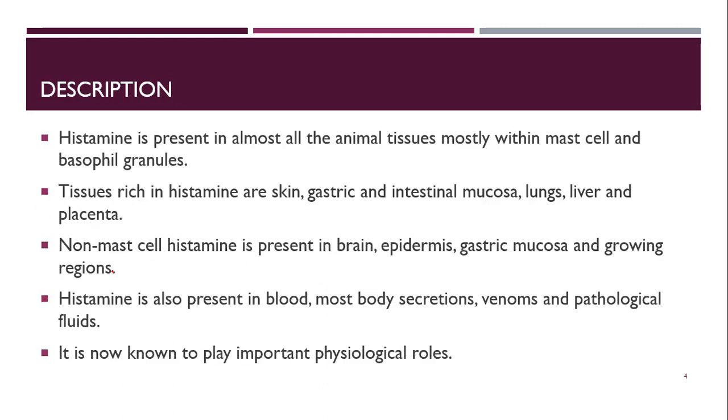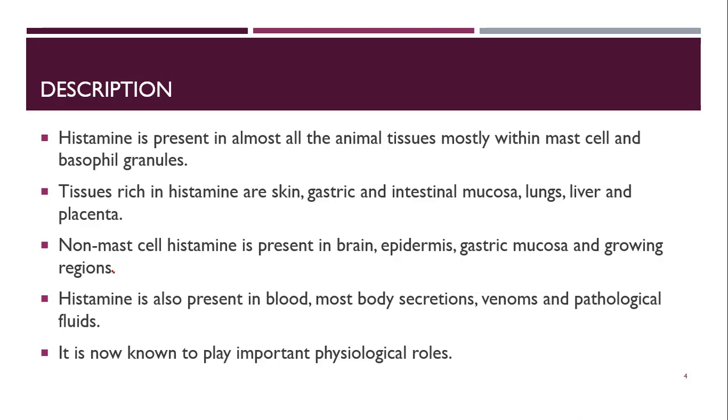Okay, so description: histamine is present in almost all the animal tissues, mostly within mast cell and basophil granules. Tissues rich in histamine are skin, gastric and intestinal mucosa, lungs, liver and placenta.